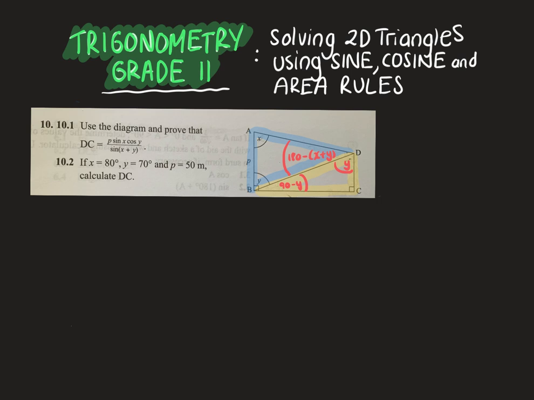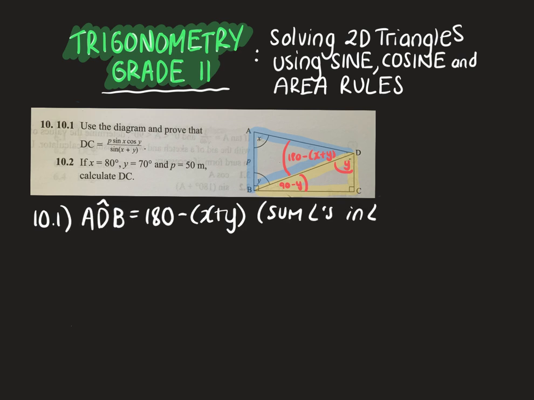What's lovely about this section is that you don't have to state your reasons. Like I said in the previous videos, sometimes it's good to just cover all your avenues. But in this case, maybe I should put it in. Let's put it in. Why not? Okay, so the first thing that I worked out for 10.1 was that ADB is equal to 180 minus X plus Y, and the reason for that is angles in a triangle.